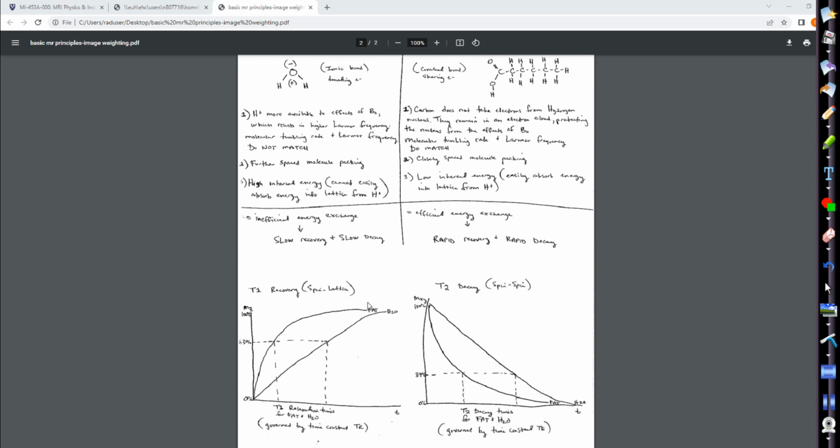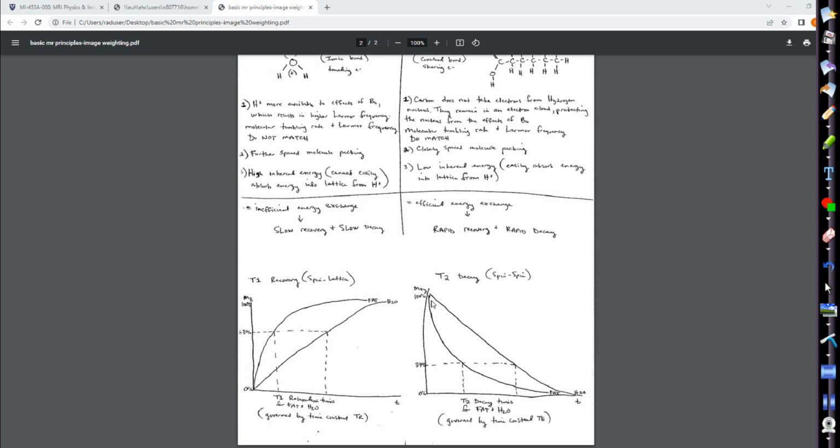So when we draw those two curves on our T1 and our T2 decay, this is what we get. So let's talk about water first. So water has a slow recovery. So you can see here it recovers, but it recovers very slow, back up to 100%.